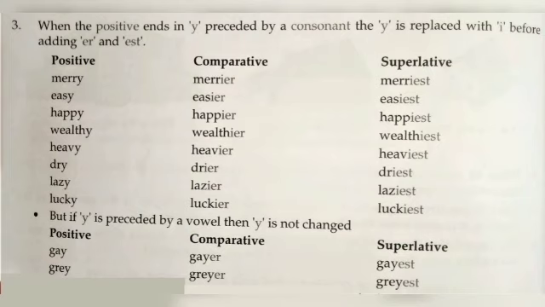So in this case, Y will not be removed. Instead of that, we will just take the word as it is, and in comparative degree we will add ER to the word, and in superlative we will add EST without removing Y.